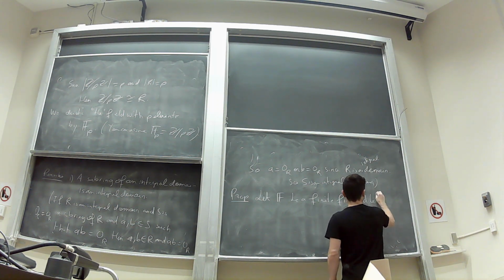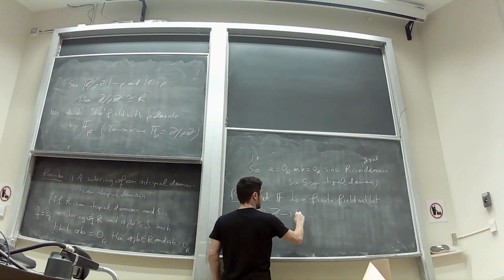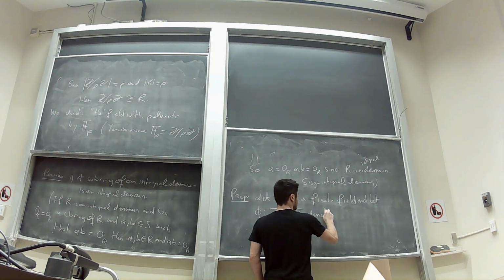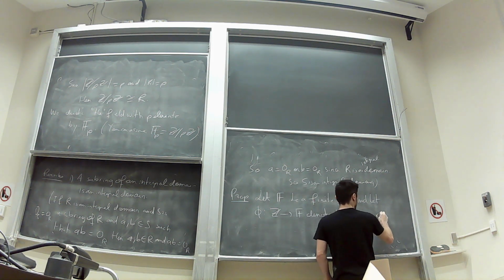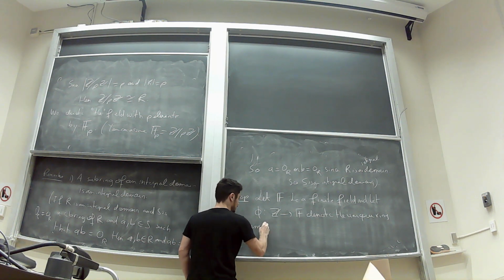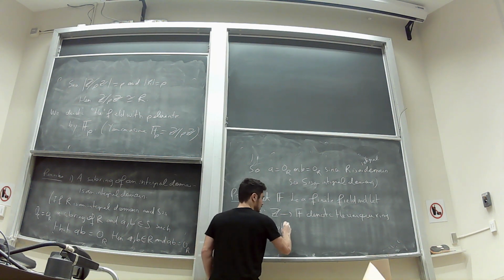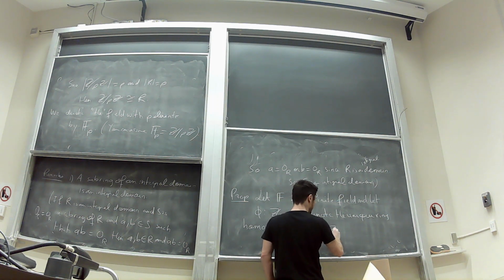And let phi from Z to F denote the unique ring homomorphism, of course, from Z to F.